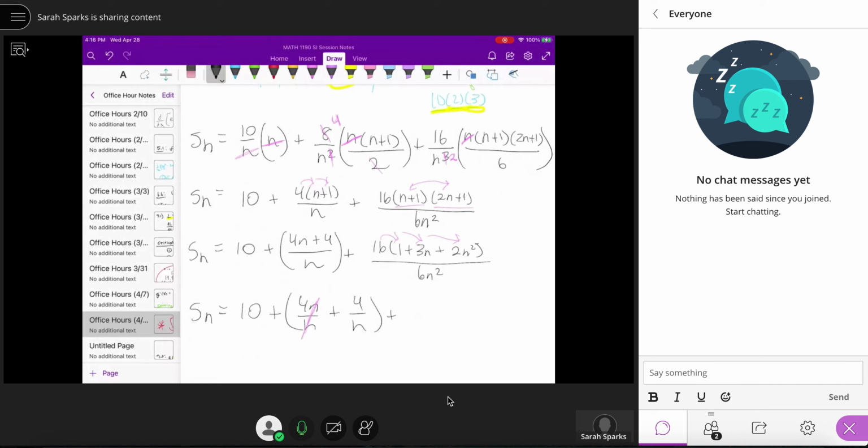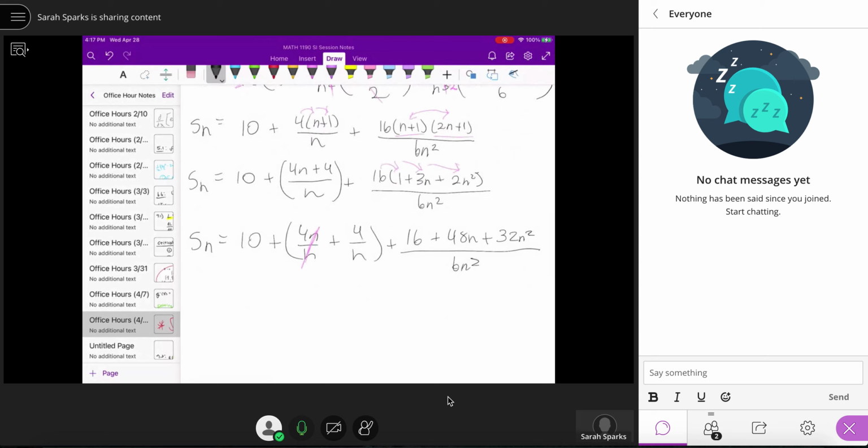And then up top, we're going to have 16 plus 16 times 3 is 30. 30 plus 18 is going to be 48n plus 32n squared. Yep, I think that's right. Over 6n squared.